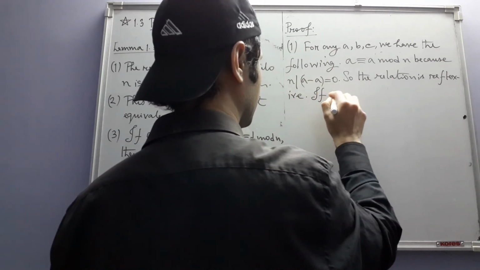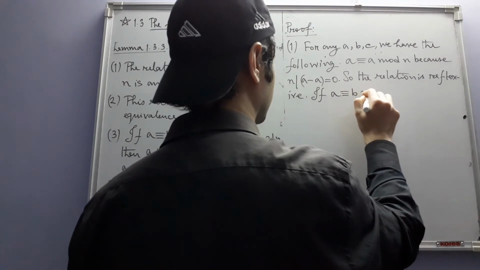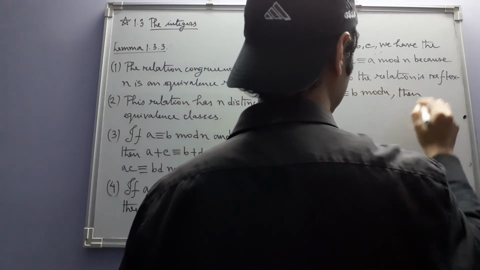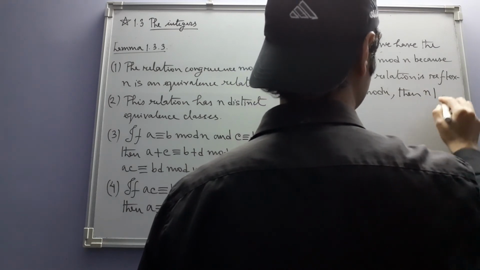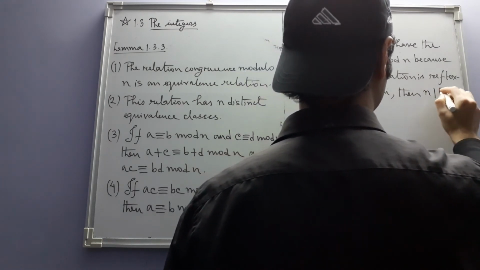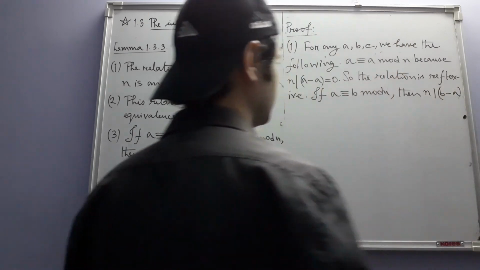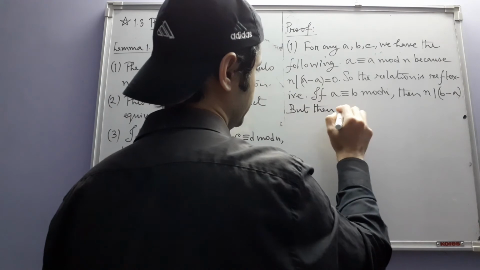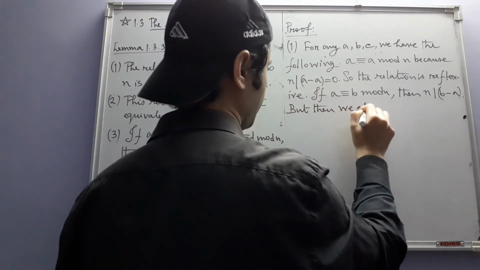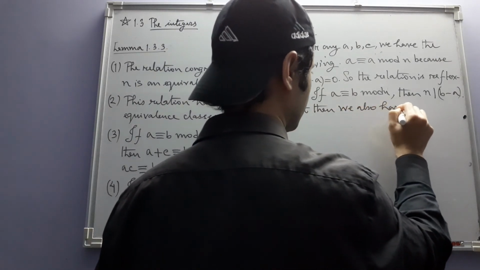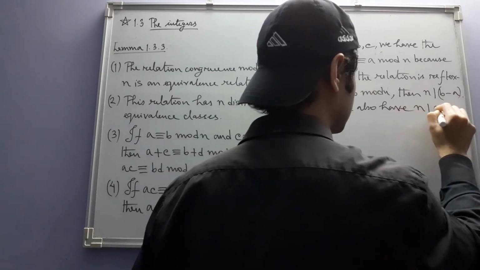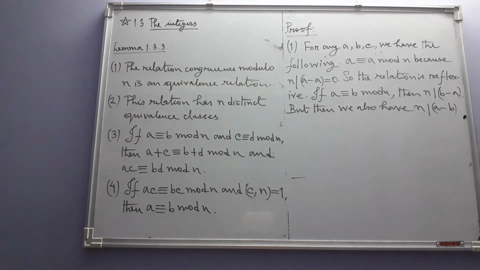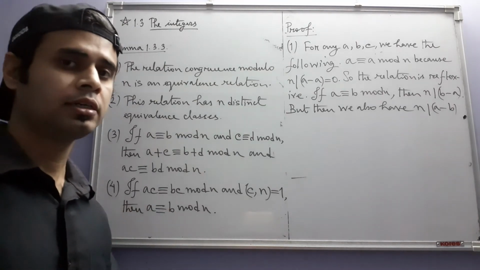If a is congruent to b mod n, then by the definition, n divides b minus a. But then we also have n divides a minus b. What is the difference between b minus a and a minus b? One is the negative of the other.